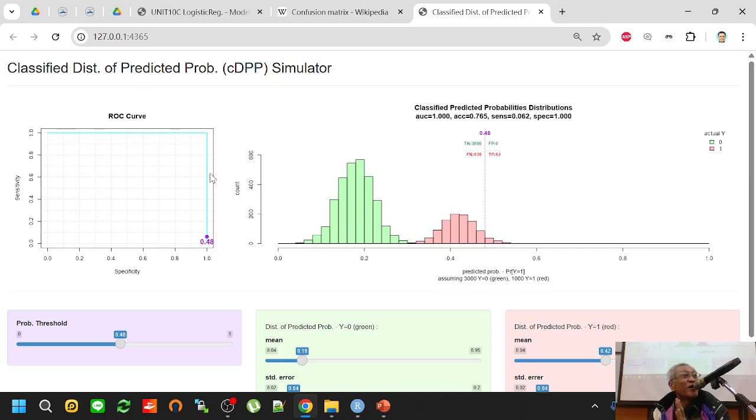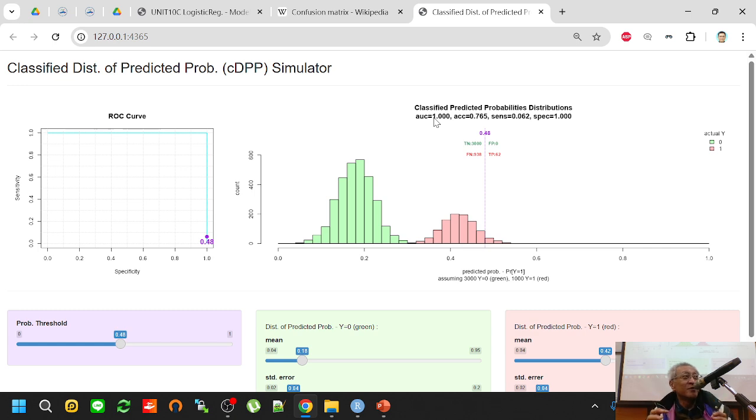So it is not like accuracy, sensitivity, and specificity, which change when the threshold changes. This AUC would not change with the threshold, because it already considers all of the thresholds.